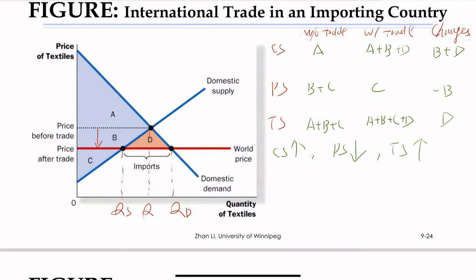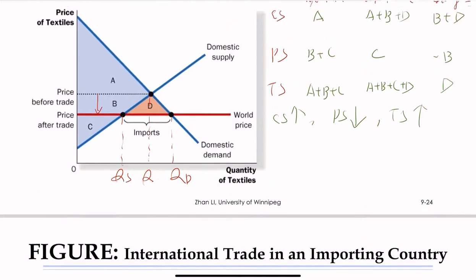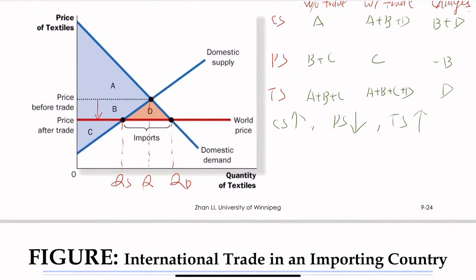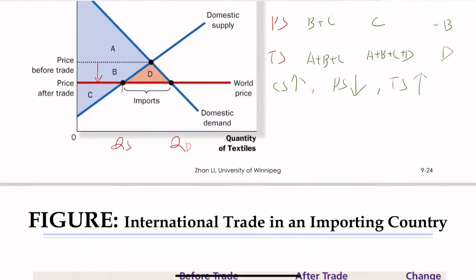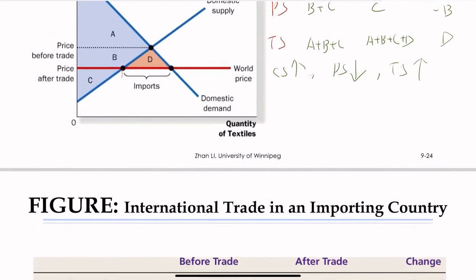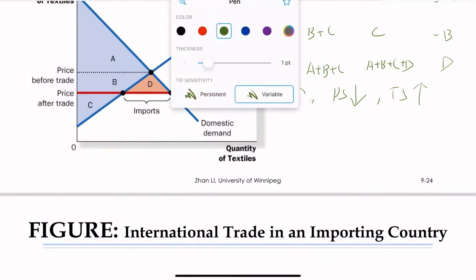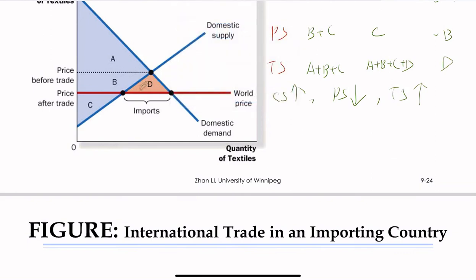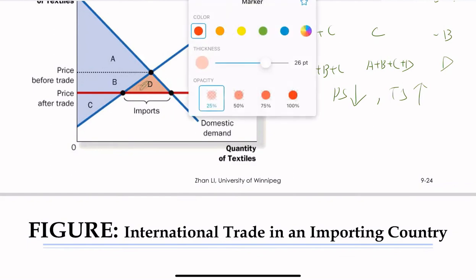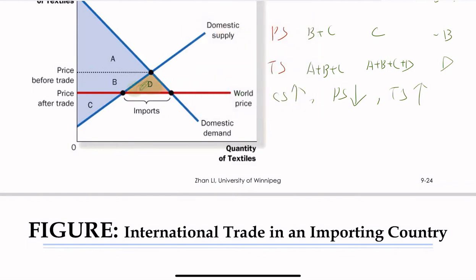So let's see, why do we get this orange triangle as the increase in the total surplus, right? So you can see that this triangle D is the net increase in total surplus.